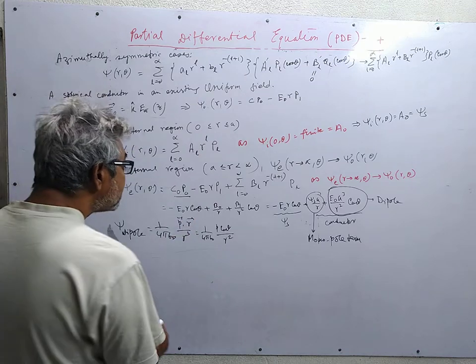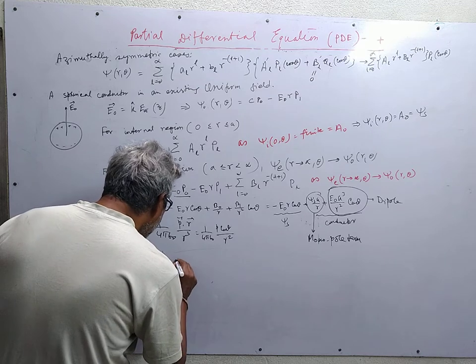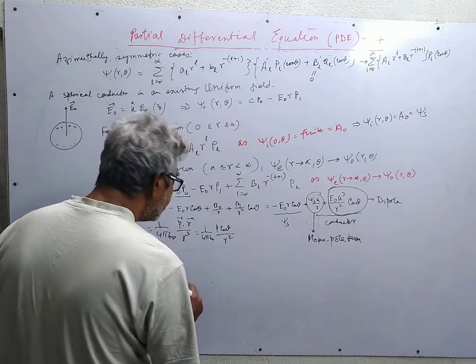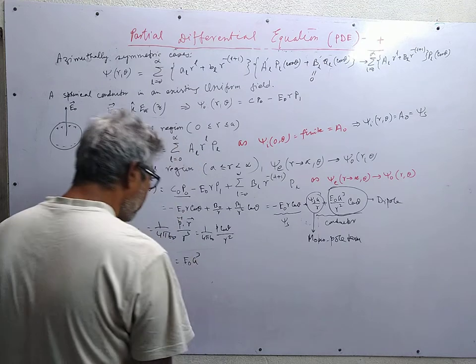By comparing this, we get P by 4 pi epsilon equal to E0 A cube.